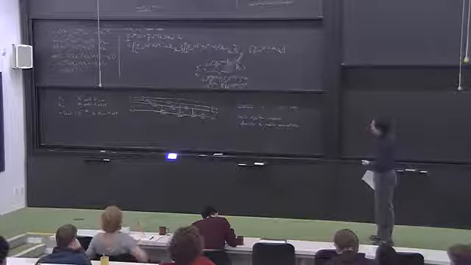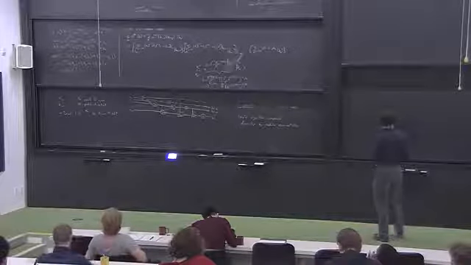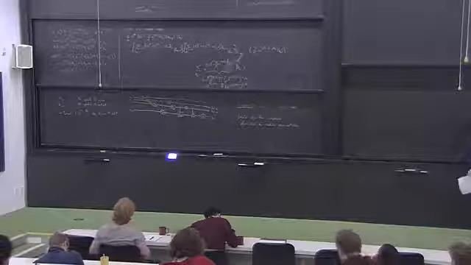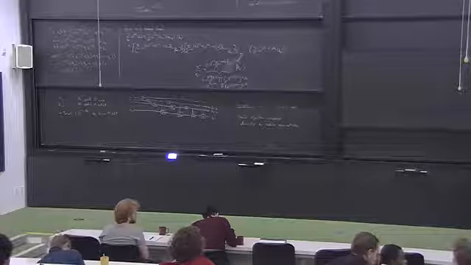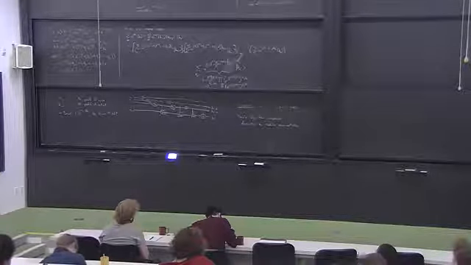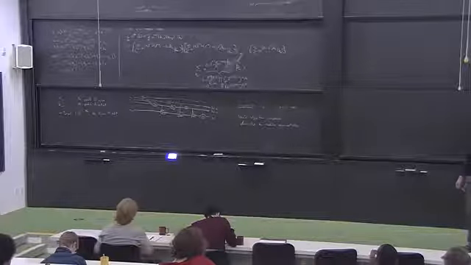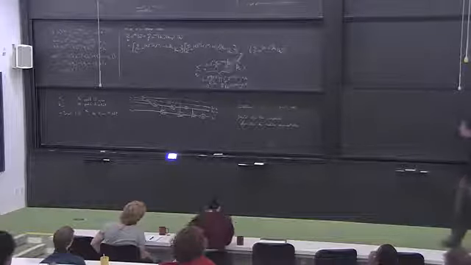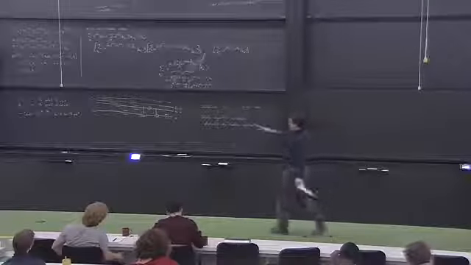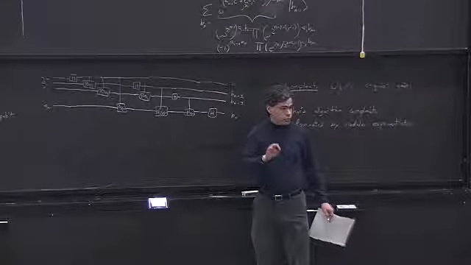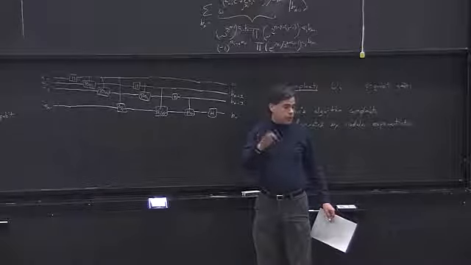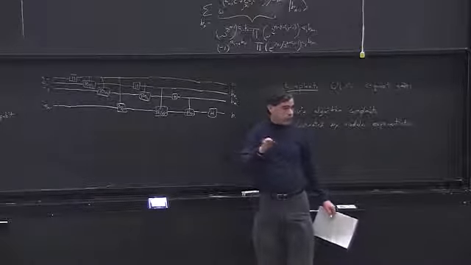So recall that the Fourier transform is the Fourier transform over Z mod 2 to the n.